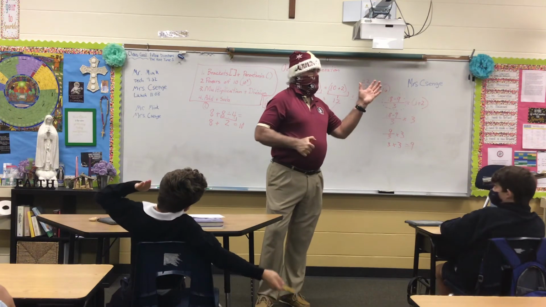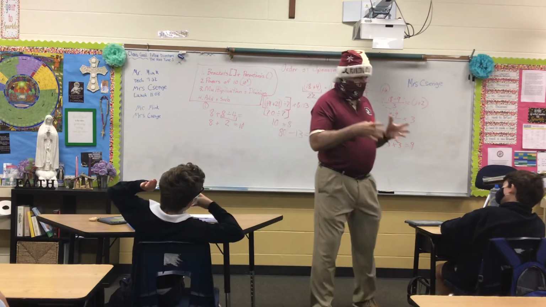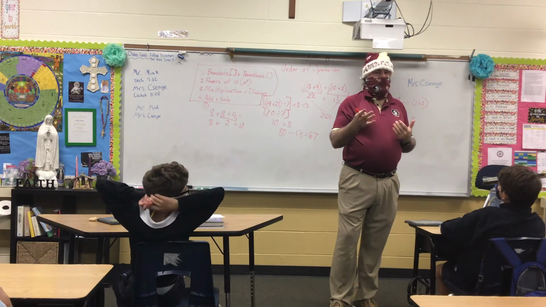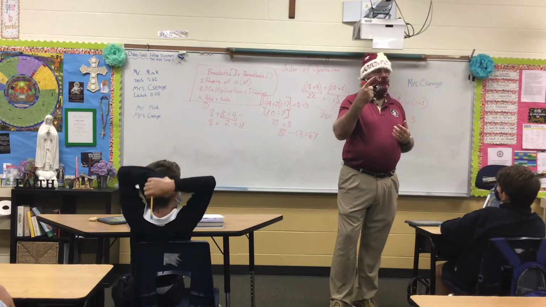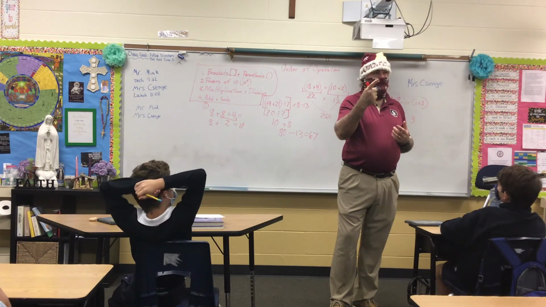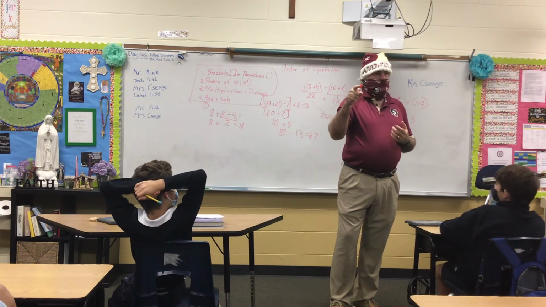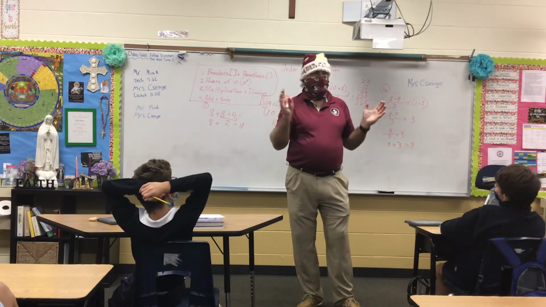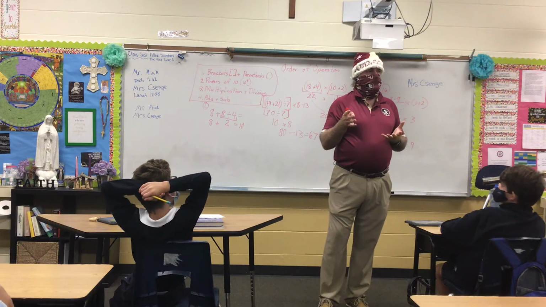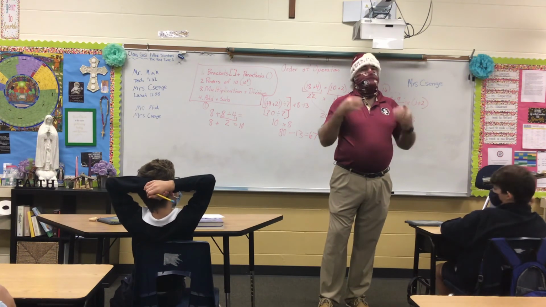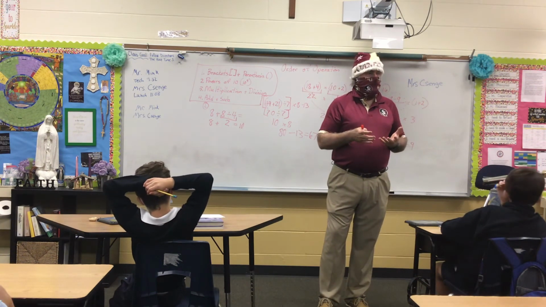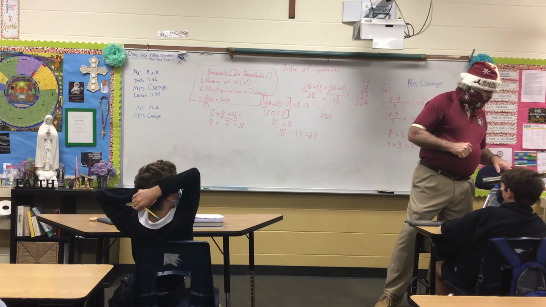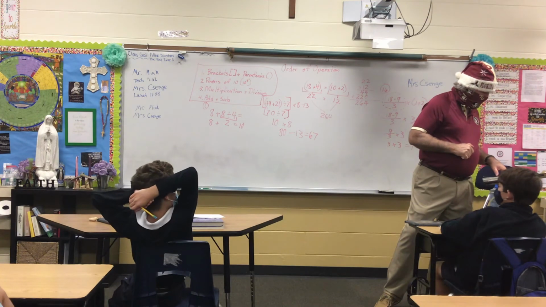This is one where you are going to look at the whole problem, and you're going to go at it with a plan. First, brackets and parentheses. Do I see any? Yes, I do. Do those first. Doesn't matter if they're add, subtract, multiply, divide inside of it. Do those first. Okay? Second part of the plan. I don't see any today that you are going to have, well, there's one.